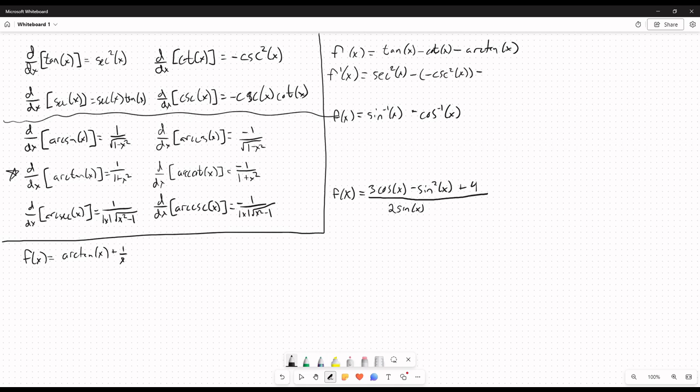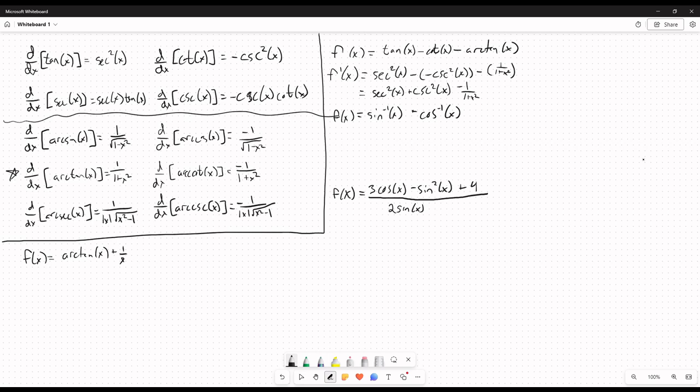And then we're also going to have minus the derivative of arctangent. And the derivative of arctangent is 1 over 1 plus x squared. So you put that all together, we're going to get a derivative of secant squared x plus cosecant squared x minus 1 over 1 plus x squared. Okay, so we just used those.